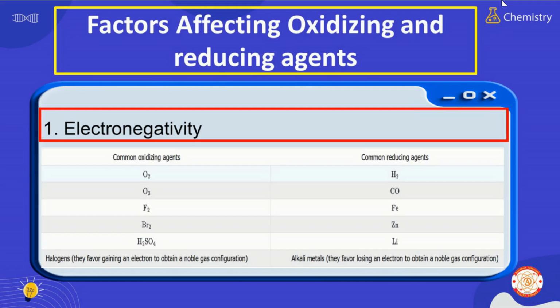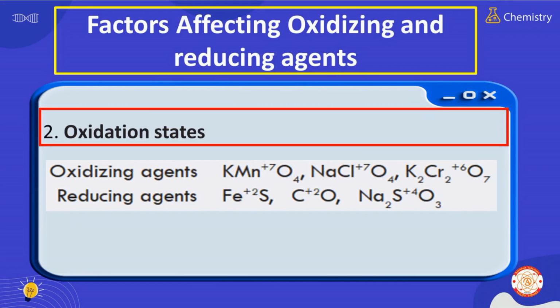On the other hand, elements with low electronegativity values tend to be what? Good reducing agents, because they favor losing an electron to become a more stable atom. So the second factor is oxidation states.